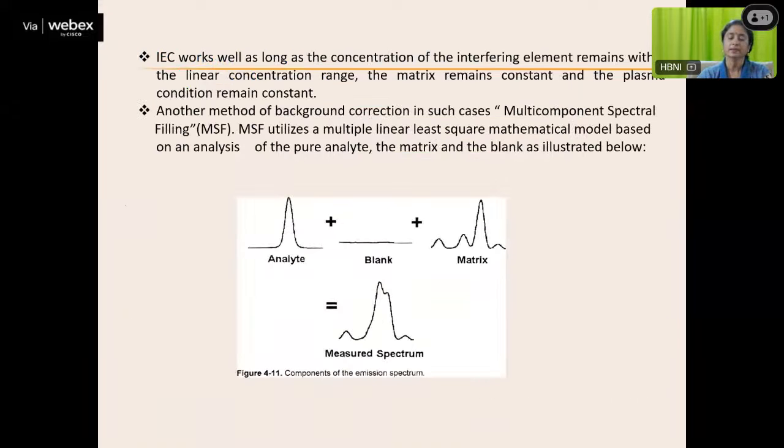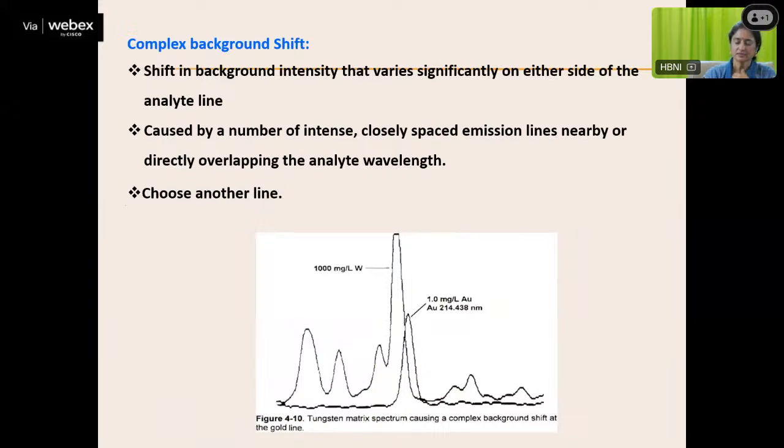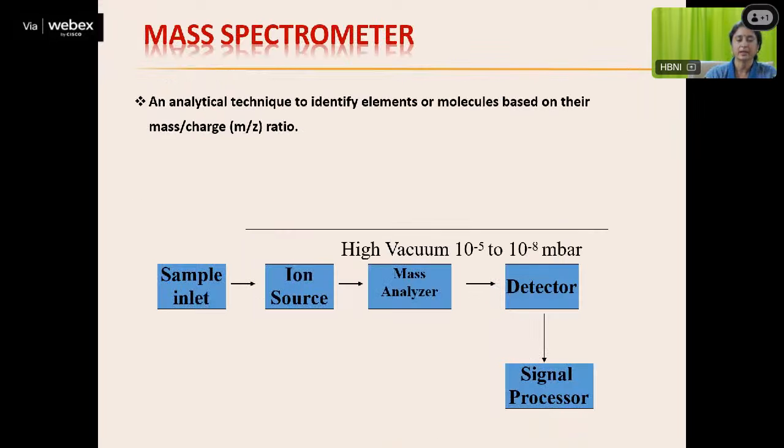Otherwise, you can use an alternate line. This is another type, where this is the analyte, this is the blank, and this is the matrix. Now your signal will look like this, so you need to follow some mathematical calculation to deconvolute the signal and then do the background correction. In this type, where the background is very complex, you need to choose another line anyway. So that is background correction.